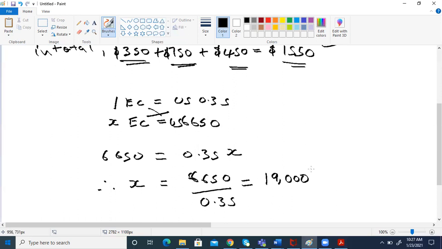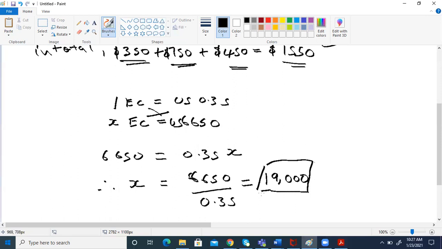Now the question is not done, because when you go to the bank with this, the question says that for the service, the bank will charge you 1%. So you have to go with the 1% plus this amount to get the 6,650, because you're going to spend this money in EC dollars. So 1% of this is 190.